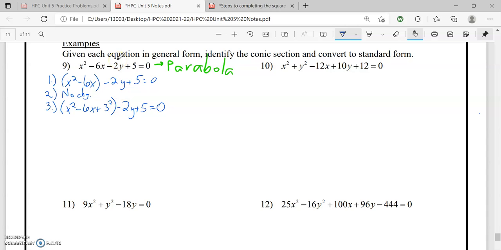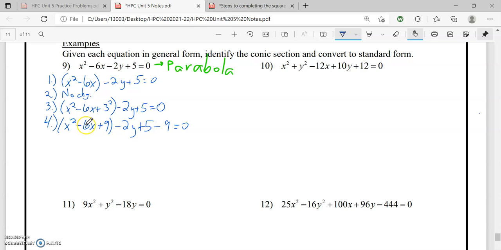Step 4, we repeat kind of what we did here, x squared minus 6x plus 9. And then here at step 4 it says add that, so minus 2y plus 5. It says subtract that same number that you did from the inside of parentheses, subtract it from the outside of parentheses.